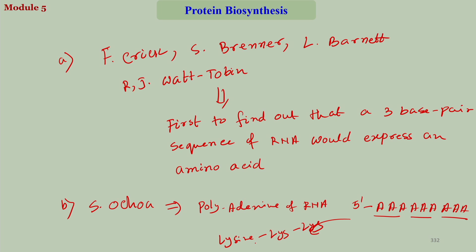So, from that the idea came that a specific codon exists for a specific amino acid. In this case AAA represents lysine, and since all are the same, it synthesizes the same amino acids.